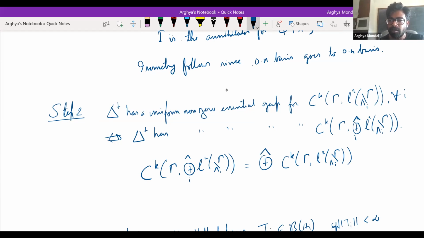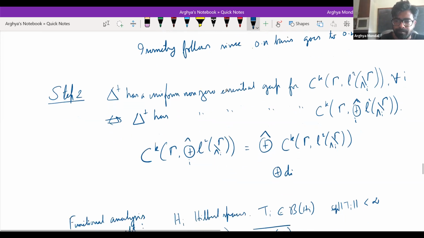This will again give you a quotient complex because you can show that the co-boundary maps are bounded. They are in fact uniformly bounded. So therefore, you can look at the direct sum of the d_i. This will give you a co-boundary map on the direct sum, and then you can extend it to the closure.